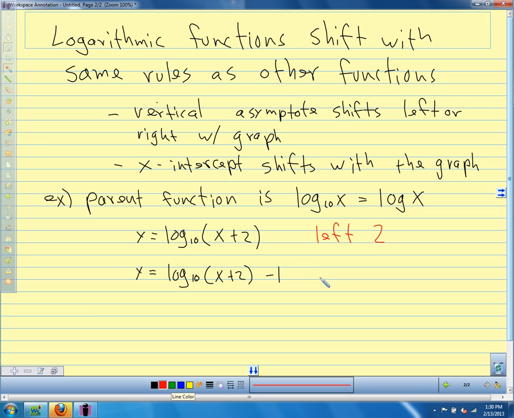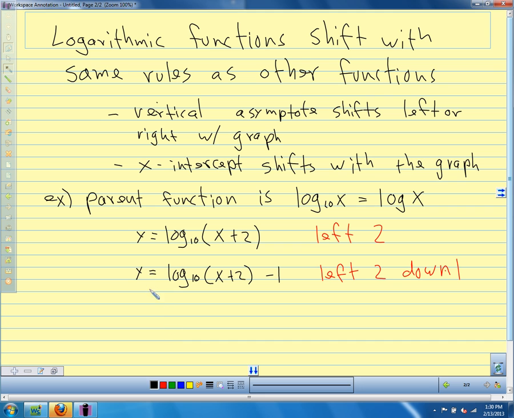Down 1, and left 2. Our vertical asymptote would shift left by 2, and our x-intercept would shift left 2 and down 1. So we'd have our vertical asymptote, and we would automatically have 1 point for our graph.